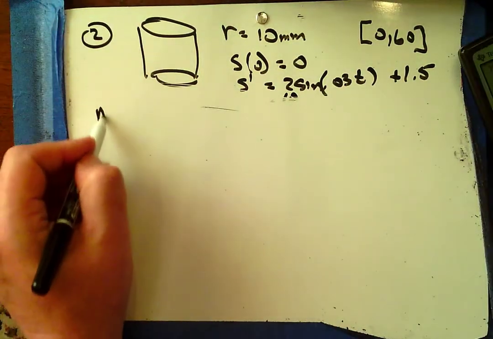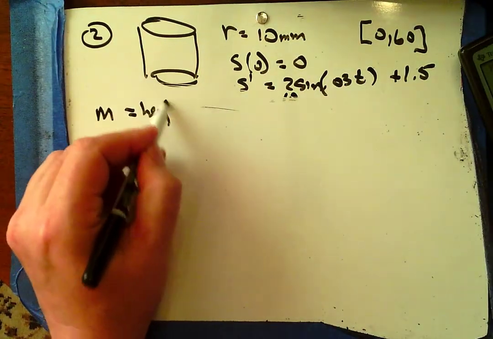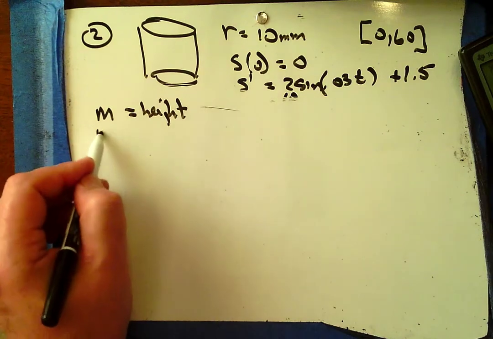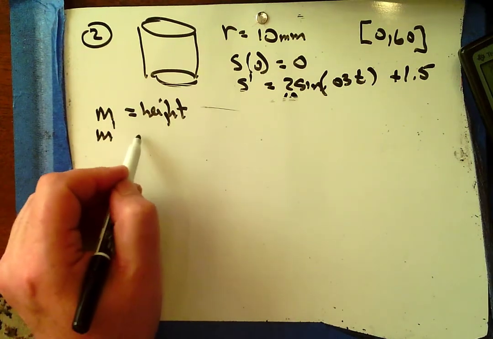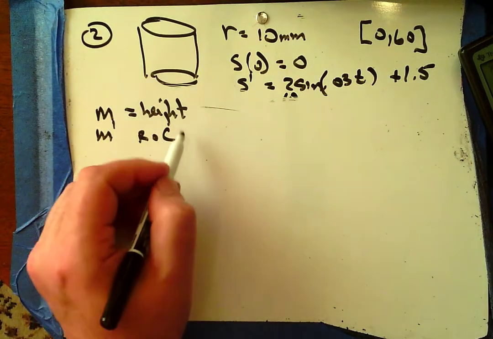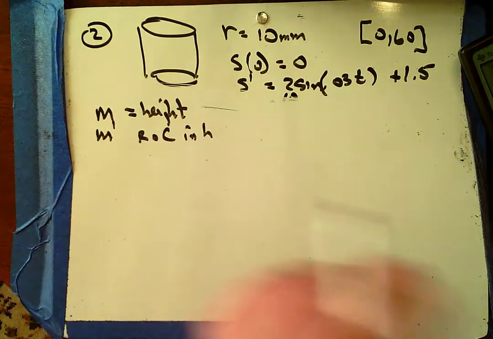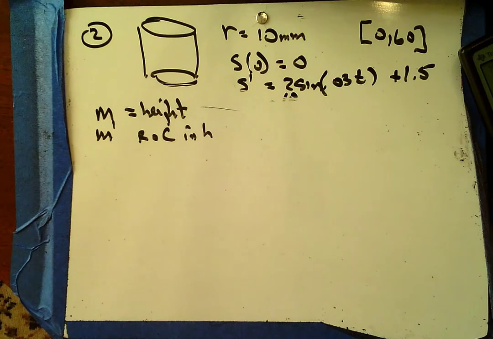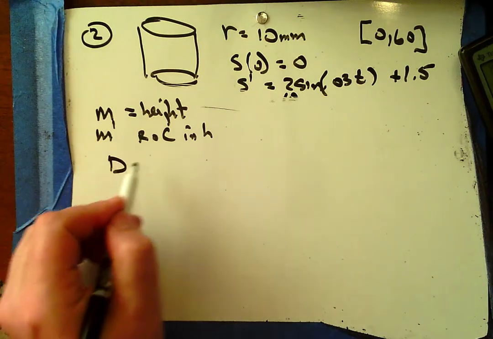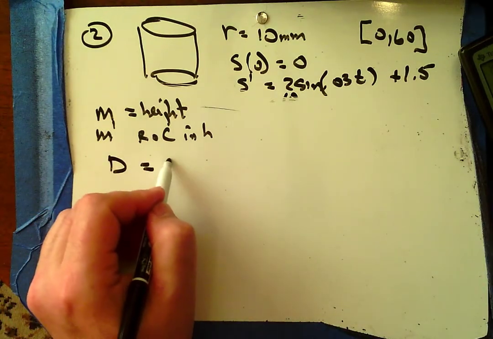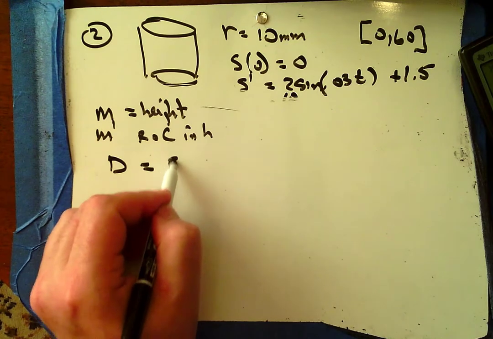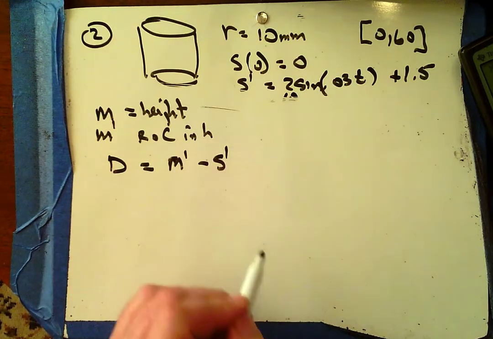So m is height at Monsoon Mountain. So m prime is the rate of change in height at Monsoon Mountain. And we're told let D equal m prime minus s prime.